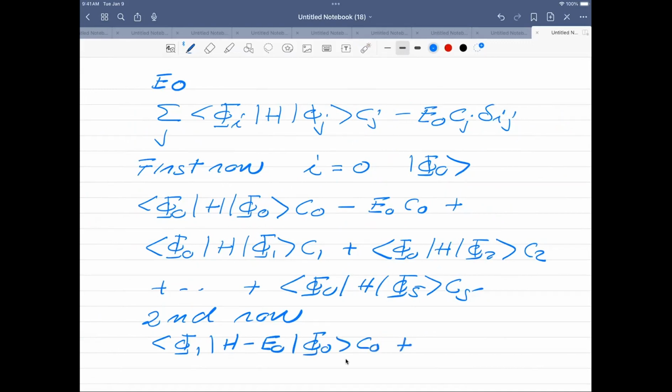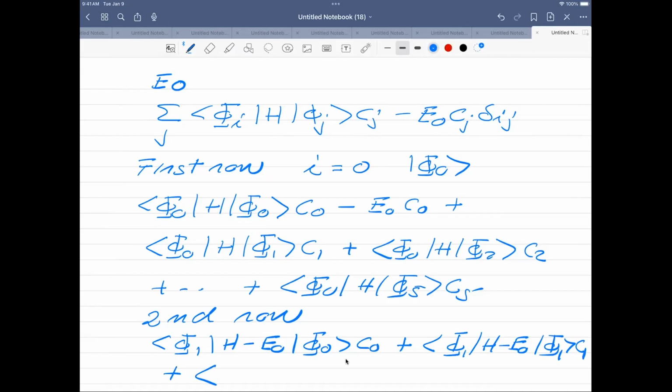The next one is phi 1 of H minus this E0 of phi 1 multiplied with C1 plus, and you see now for the first term, E0 disappears.